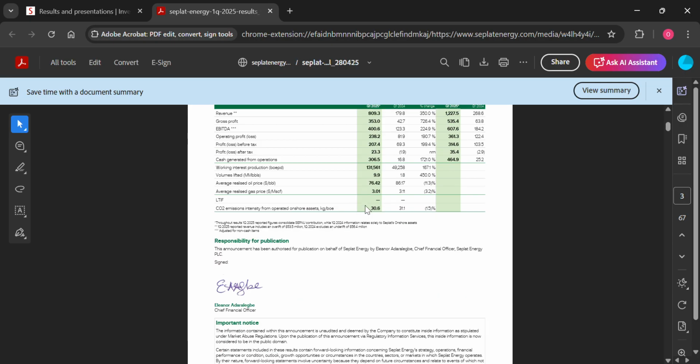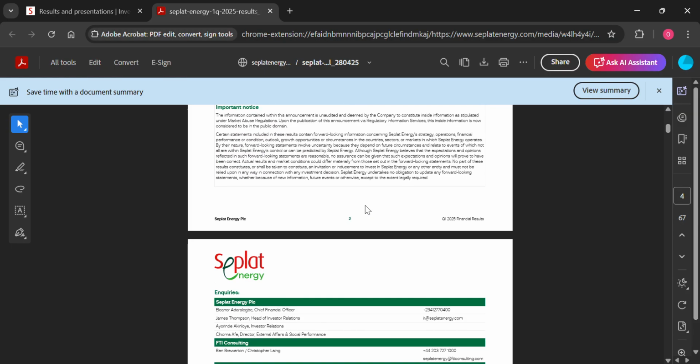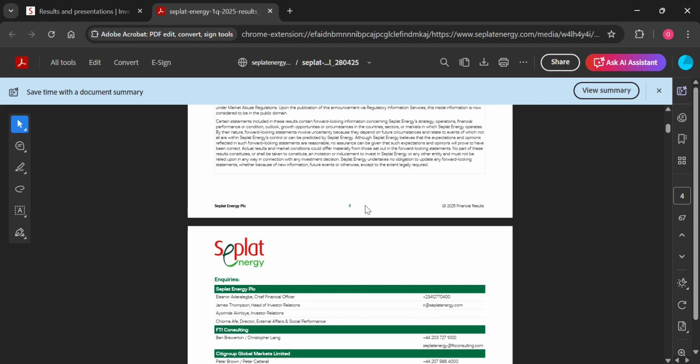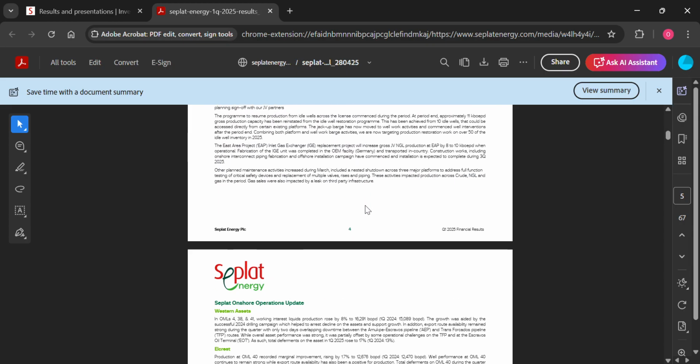We have the statement of profit or loss and other comprehensive income. People sometimes call it the statement of financial performance. Some even call it income statement. Then you also have the statement of cash flow. Then there is the statement of changes in equity, and then the notes. Those are the basic 5 components of every financial statement.